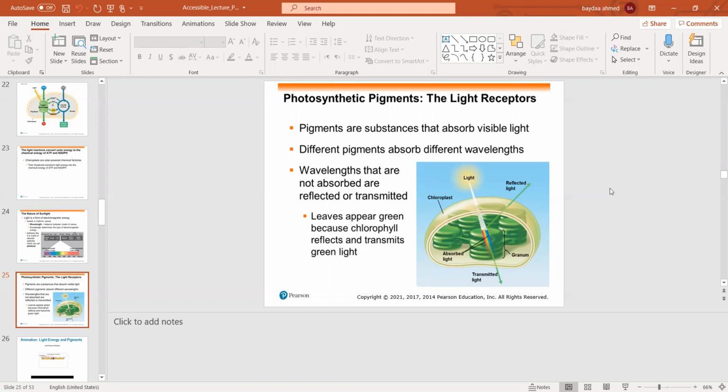If a pigment absorbs all wavelengths, it appears black. We see green when we look at a leaf because chlorophyll absorbs violet, blue, and red light while transmitting and reflecting green light.